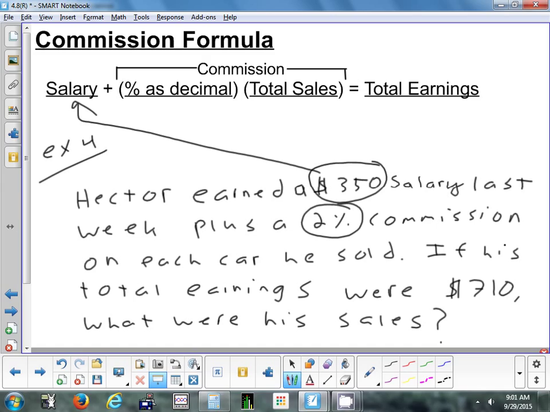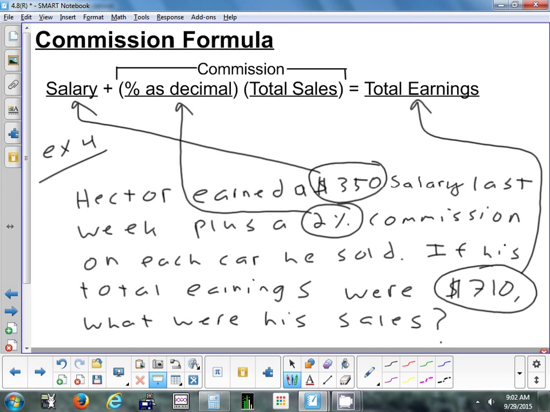That's going to go as your percent, as a decimal. What about $710? That's your total earnings. And what's the only thing we don't know? Total sales.